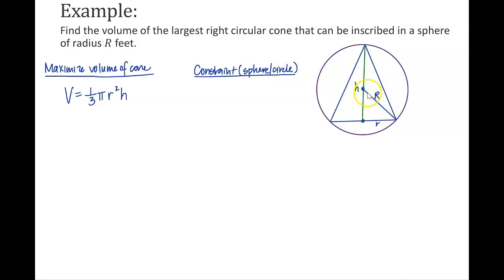I mentioned how we're going to relate this. It comes from the radius of the circle. We went from the center of the circle to, instead of any random point, one of the vertices of the triangle to connect them.